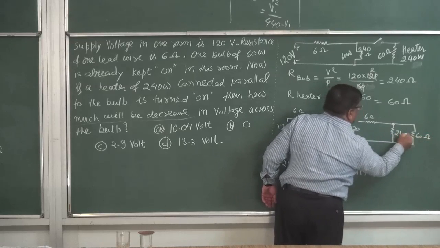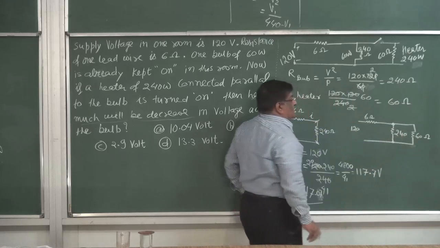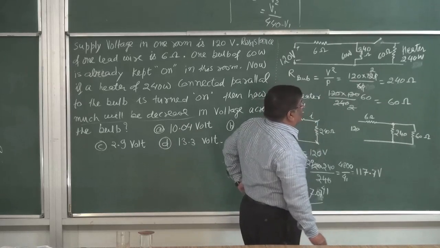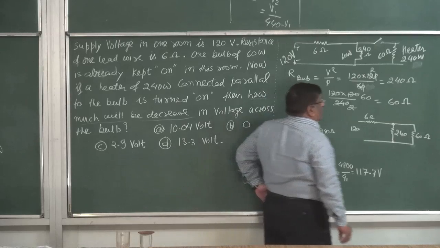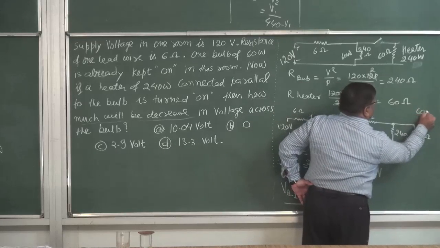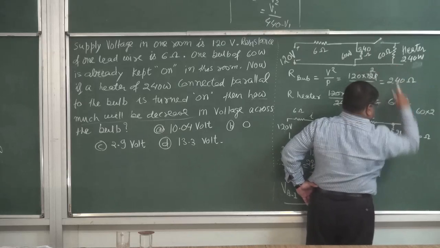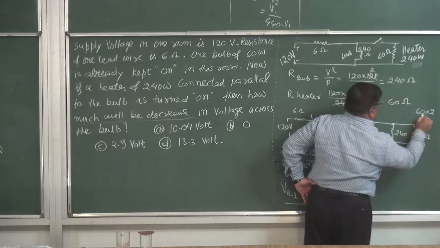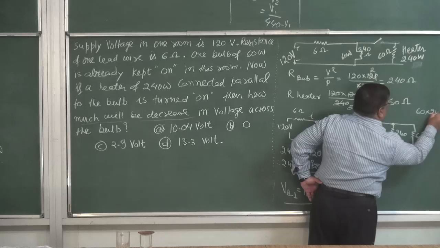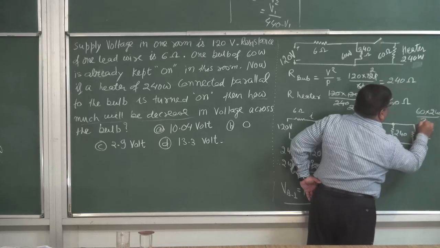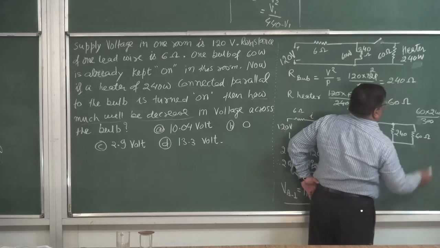Now 240 and 60 are parallel to each other. If they are parallel, then what will be the total resistance? Total resistance will be 60 into 240 divided by 60 plus 240, that is 300.